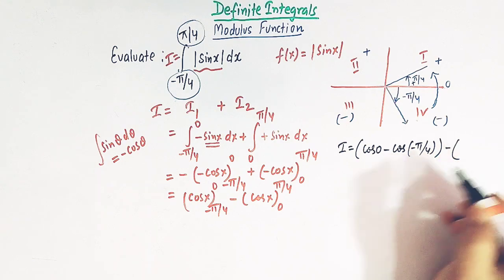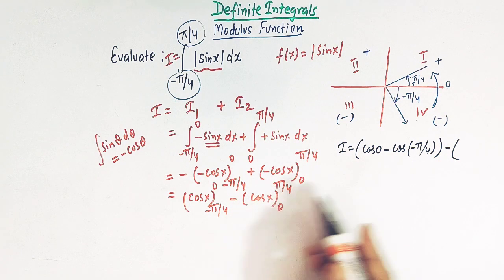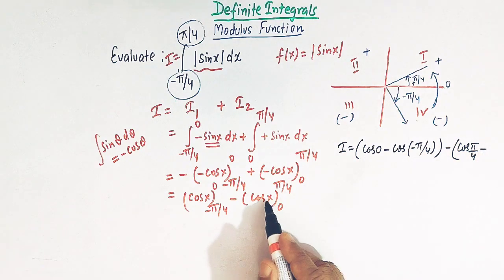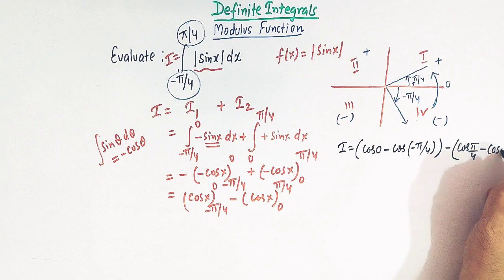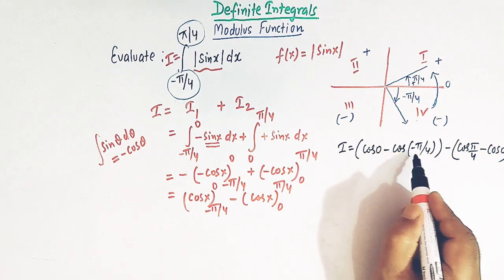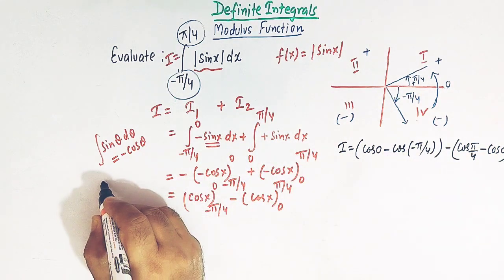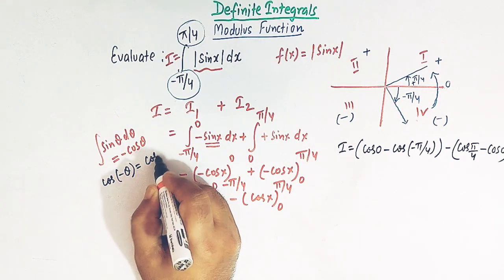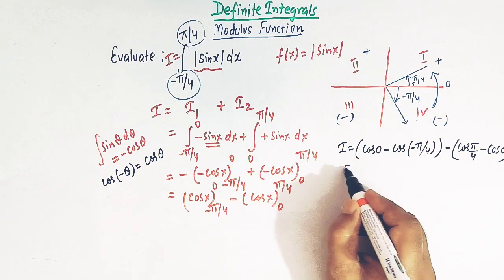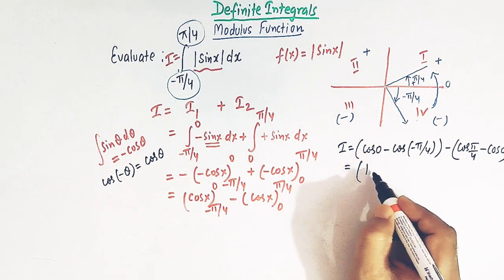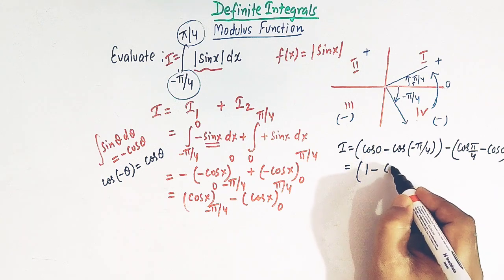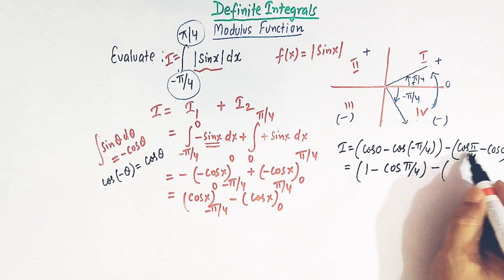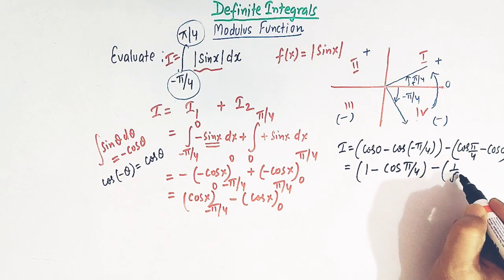For the second integral, we have first cos pi by 4, and then cos of 0. Here we have cos of minus pi by 4, and we know that cos of minus theta is simply cos of theta. So cos of 0 is 1, and cos of pi by 4 is 1 over root 2.